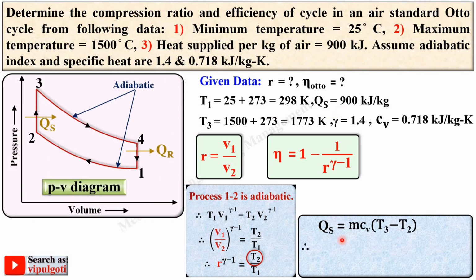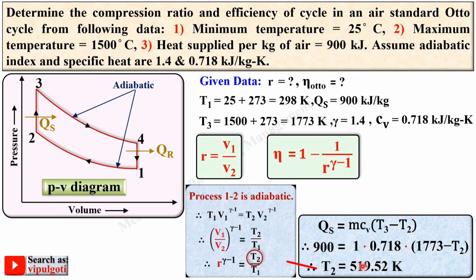QS is equal to 900, mass is assumed as 1 kg, CV is also given to you, T3 is 1773 minus T2 as it is. Simplify this equation so that you will get T2 as 519.52 Kelvin.